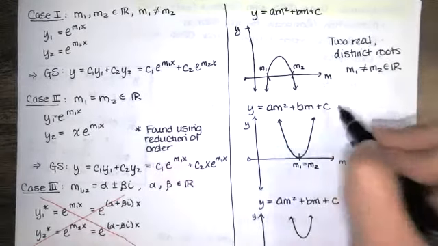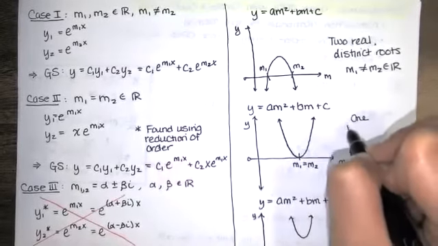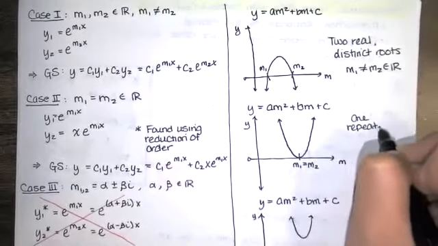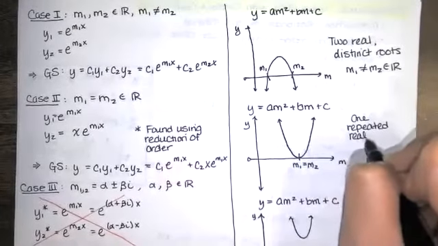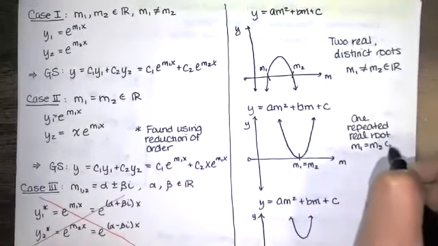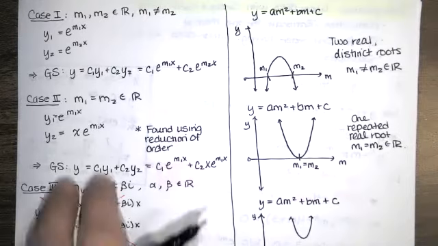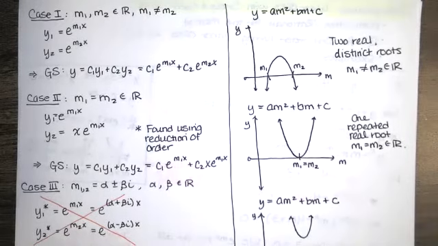Or that quadratic function might have one repeated real root. So m1 and m2 might both be the same and real. In that case, the first solution is e to the m1 x. The second one can't be e to the m2 x because m1 and m2 are the same. So the second one is x times e to the m1 x.